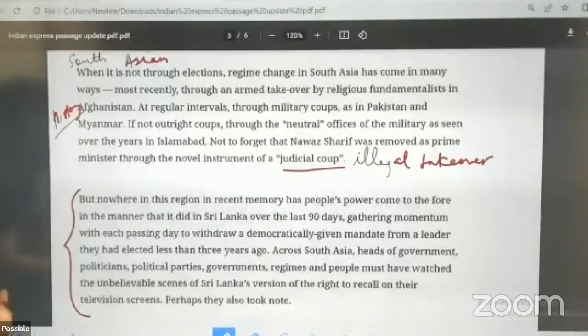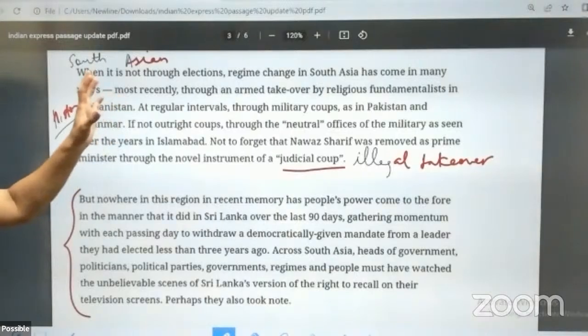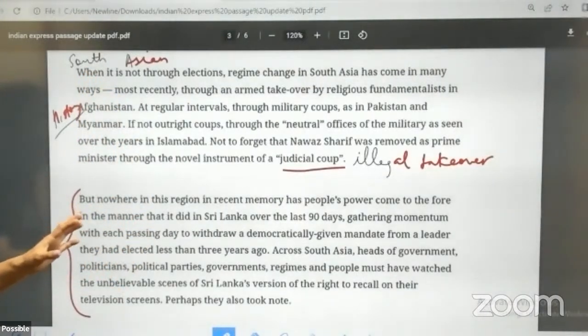So what is the continuity in the first four paragraphs? Why is the history being discussed? Why are other countries discussed? They are all being discussed to continue to praise the public effort of this Lankan unity to overthrow a president who has failed to do his job.